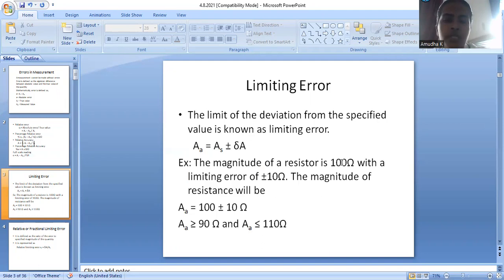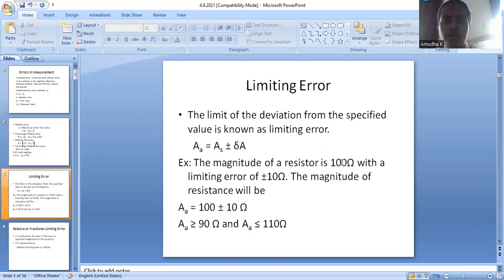For example, the magnitude of a resistor is 100 ohm with a limiting error of plus or minus 10 ohm. The del is 10, plus or minus 10 ohm. So the magnitude of resistance will be A suffix A equal to 100 plus or minus 10 ohm. So the answer is either 90 ohm or 110 ohm. Plus 10 means 110 ohm, or minus 10 means 90 ohm.